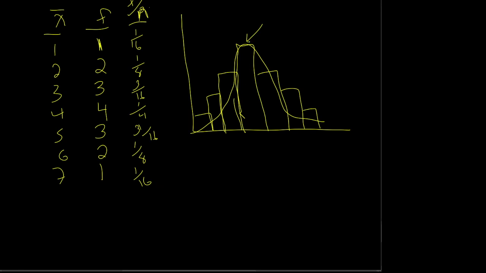And so the probability of X equaling 4 is 0.25. And the probability of X equaling 1 is 1 in 16. The probability of X equals 7 is 1 in 16. And so we have a probability distribution that, even on the small curve, is symmetric.